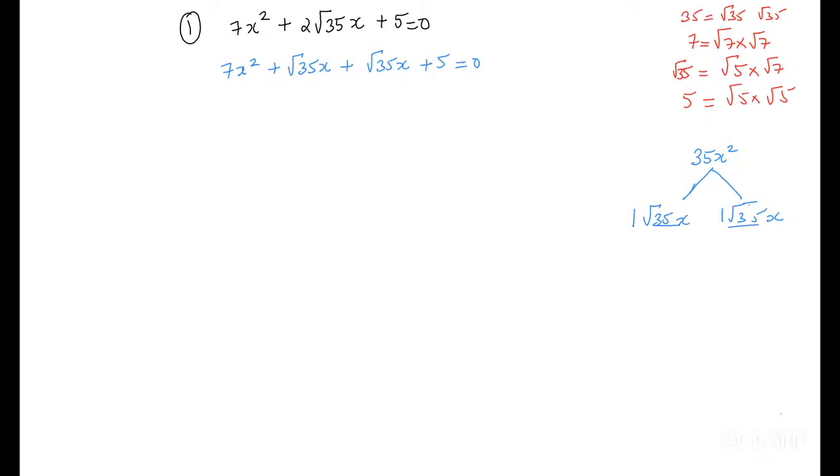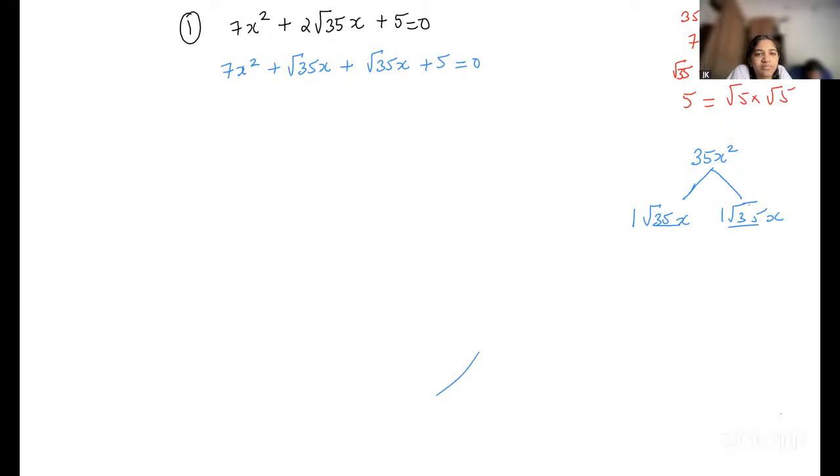Understood, sir. The part in which you have to take out the common, no? It's okay, it's okay. Yeah, tell me. Now, will you solve that? So I told you, 7 can be written as root 7 into root 7. Can you see that? And root 35 can be written as root 5 into root 7.